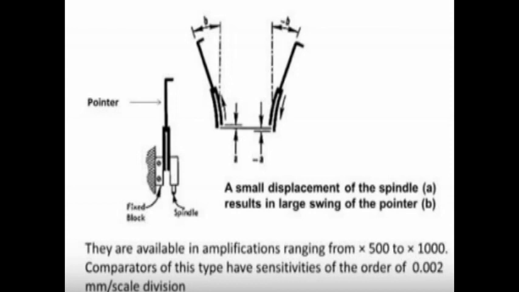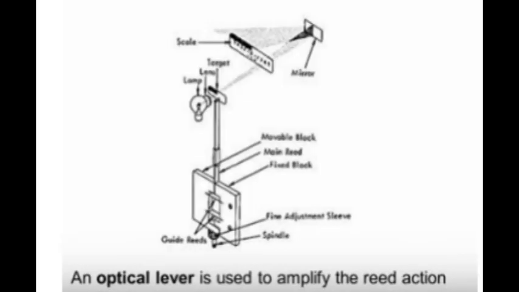Now again we have a reed type comparator wherein the mechanical pointer is replaced with an optical lever. So this is the top end of the vertical reeds, and we have a lamp and a lens. So we get the light beam here, and the light beam will move in this direction. We have a mirror, so light is reflected back.